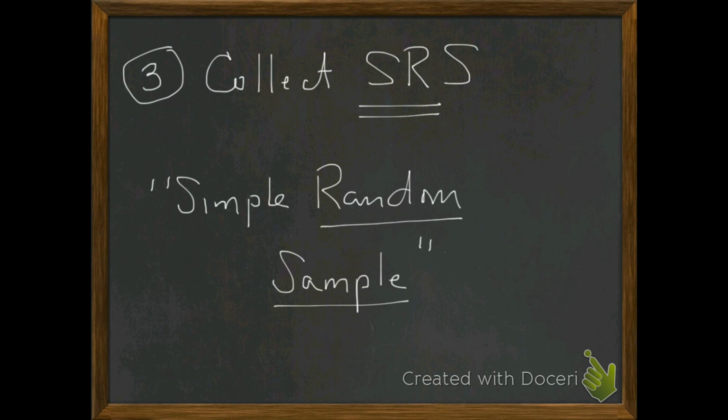So we collect a random sample. Now our random sample would probably consist of 3 things: a sample size, a sample mean, and a sample standard deviation.